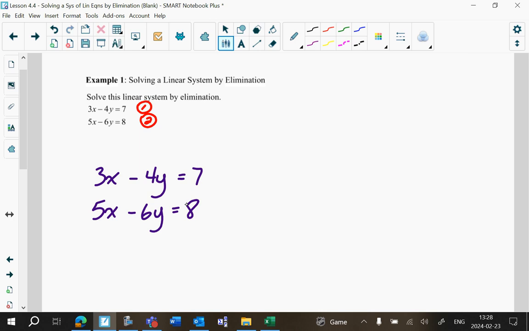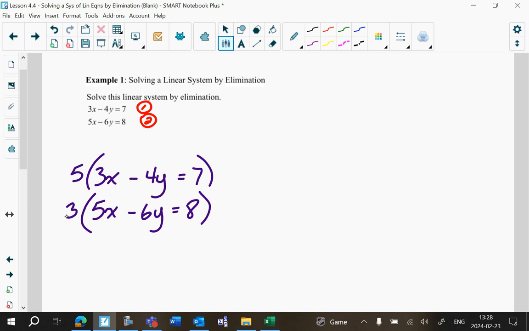So what she's saying is, she's looking at the x's. Well, if I multiply this by 5, I'm going to get 15x. How am I going to get 15x here? I'm going to have to multiply this one by 3. That's usually the easiest way to do it, look at the x's and figure out what you have to multiply each one by.